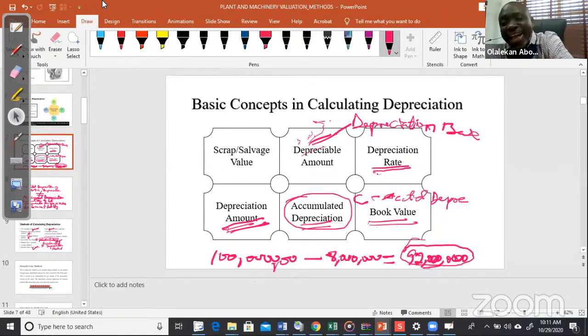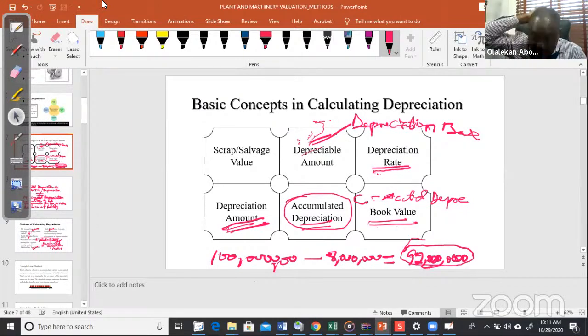So when you have your cost and you remove your salvage value or scrap value from your cost, what you have left is your depreciable amount. That is the amount that should be written off with depreciation. The amount that loss in value will consume can never consume that terminal value.